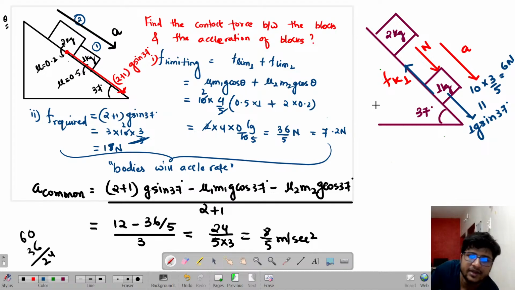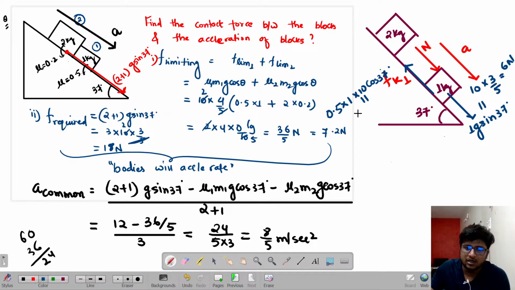This is 0.5 mu, m is 1 kg, gravity is 10, and cos 37, correct? So basically this is 5 into 4 by 5, which is how much Newton? Basically I'm calculating acceleration, correct?